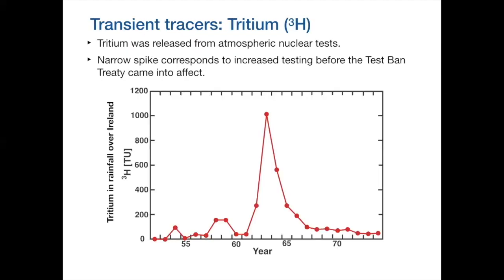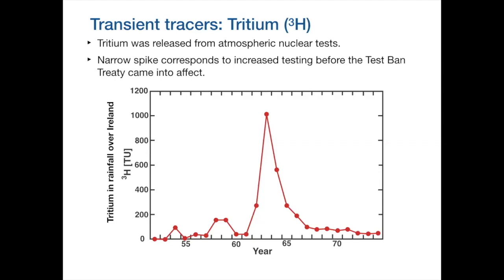So let's start by looking at the tracer tritium. Tritium doesn't really exist in nature, but it's a byproduct of nuclear weapons, released in the atmosphere by atmospheric nuclear testing. In 1962, the Comprehensive Test Ban Treaty came into effect, which prevented atmospheric nuclear testing.